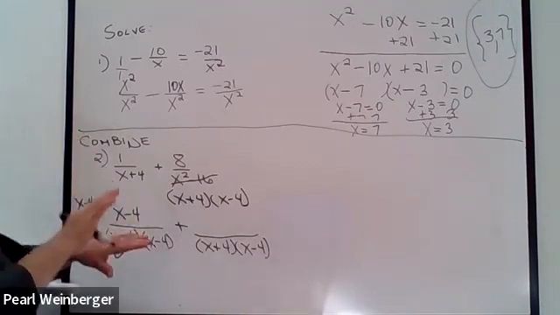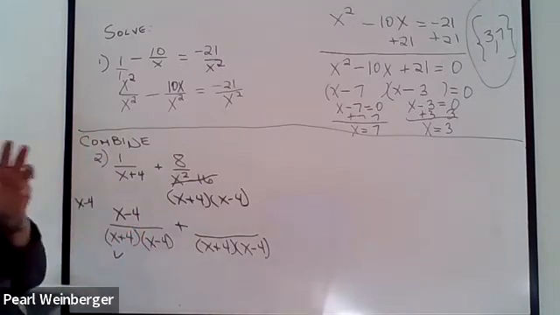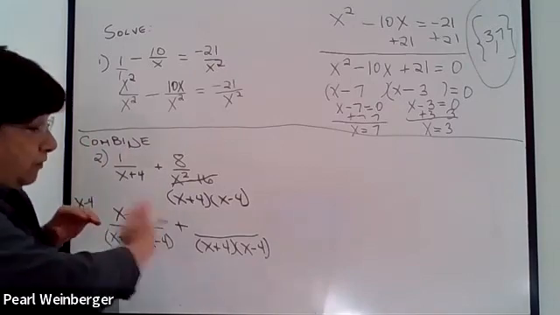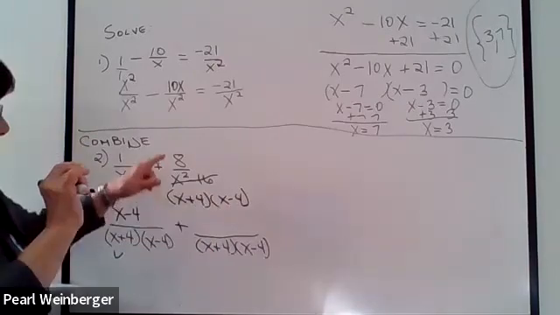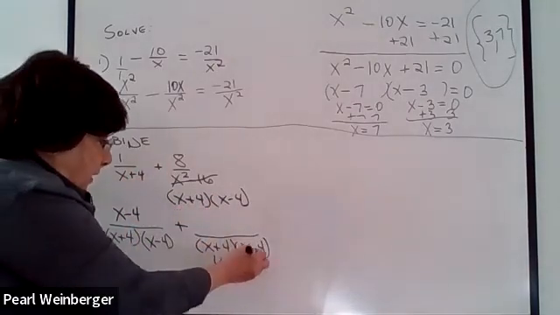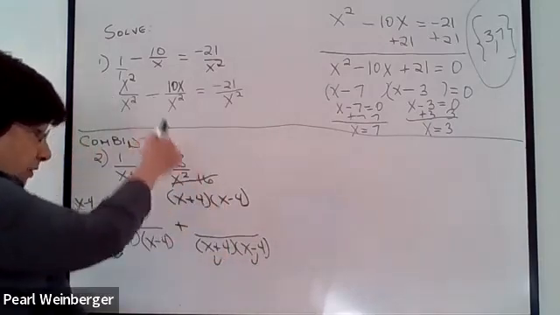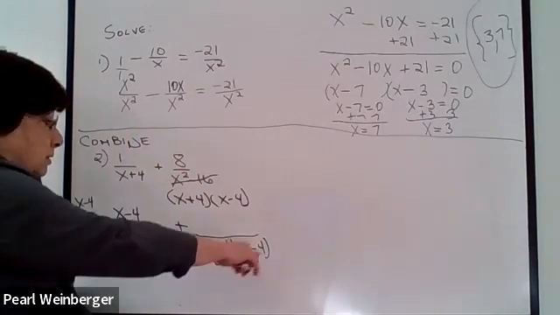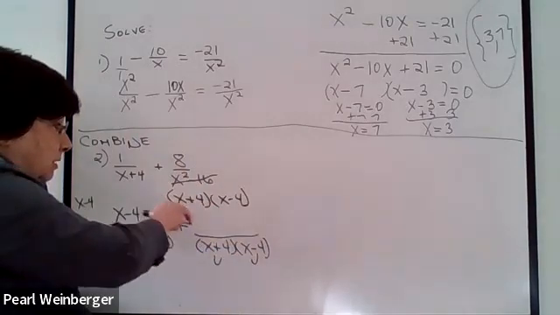Now don't start canceling things out. When you're adding and subtracting, you only cancel out at the very end. Over here, we have the x plus 4, and we also have the x minus 4. In fact, that's why it's very good to write them right below each other, which means nothing new has been added to the denominator.